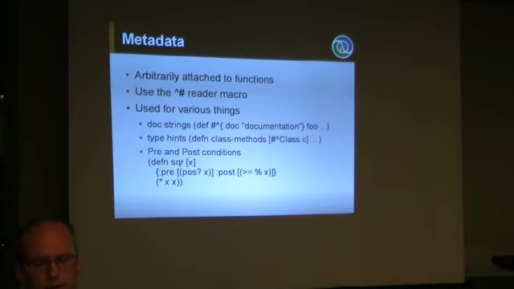There's tons of reflection going on in all of the stuff I've been showing you, because it has to figure out what is being passed. If you want to get rid of that, you can. There's a global variable that you can set that will warn you when reflection is occurring, so that you can find those places and then add these type hints if you want to improve the performance.